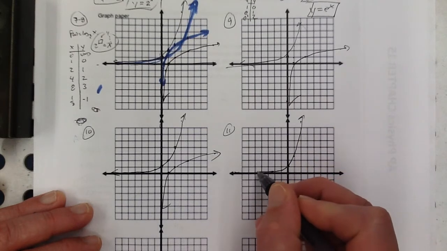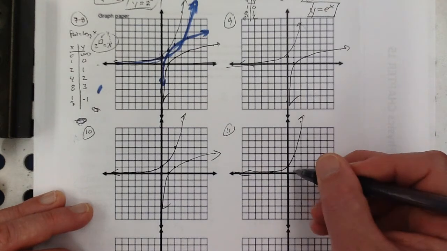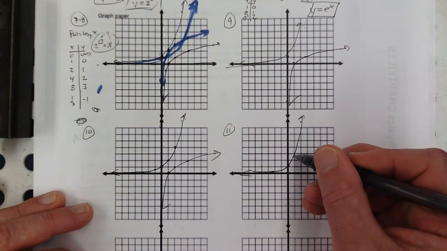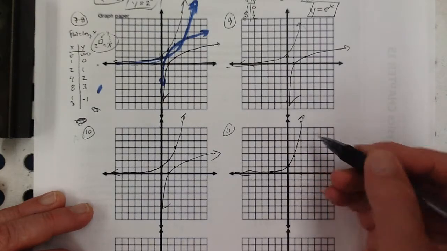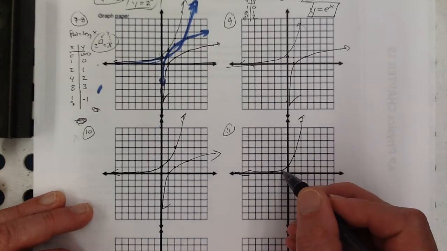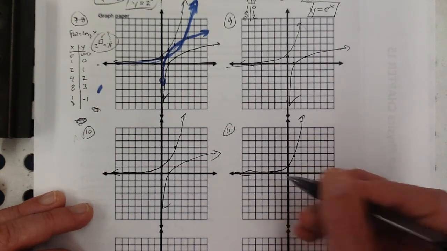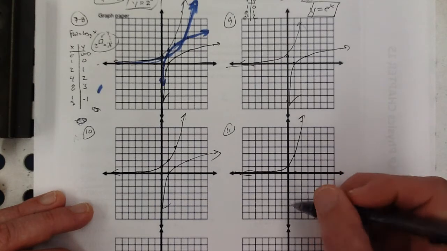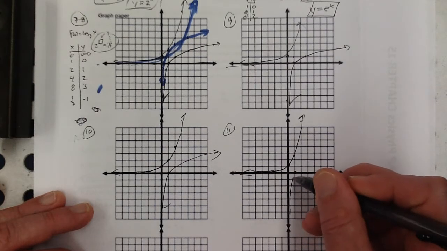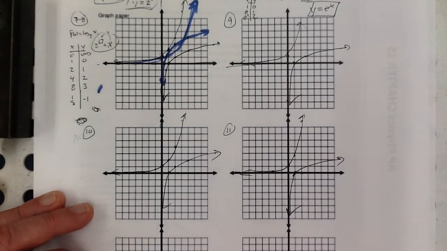If you're wondering how I'm plotting those points so fast, I'm just thinking to myself, okay, e to the 0 is 1, e to the first power is e, which is 2.7, e to the second power is about 8, and then e to the negative 1 would be 1 over e, which is about a third-ish. And then same thing, when we invert it, we just get the natural log function. And all the same answers here.